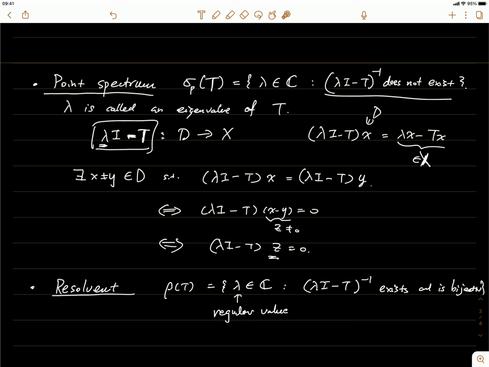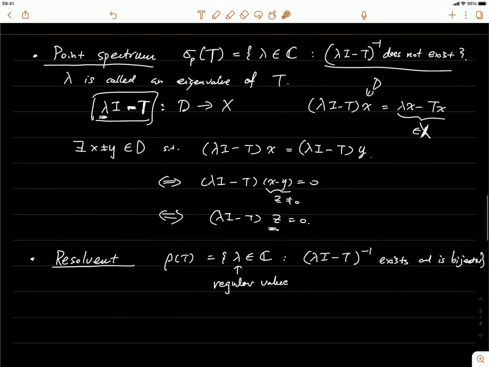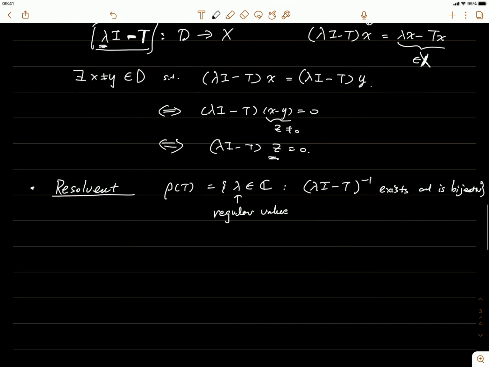If it's not an eigenvalue, then lambda I minus T is invertible, and for matrices that just means it's a bijection. But for infinite dimensional cases, we will have something even more complicated than these two, and that third one is called the continuous spectrum.